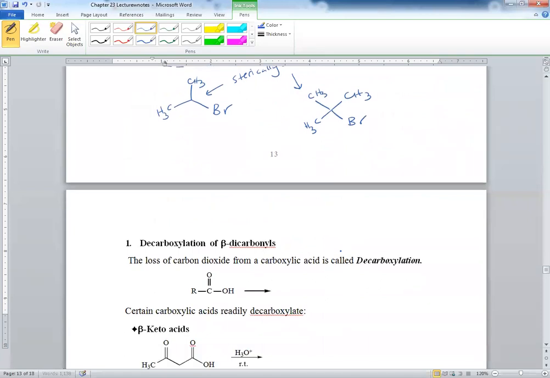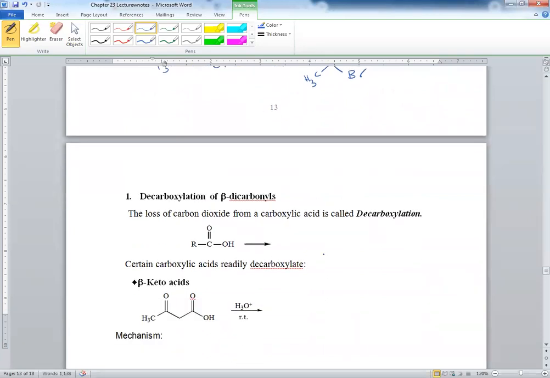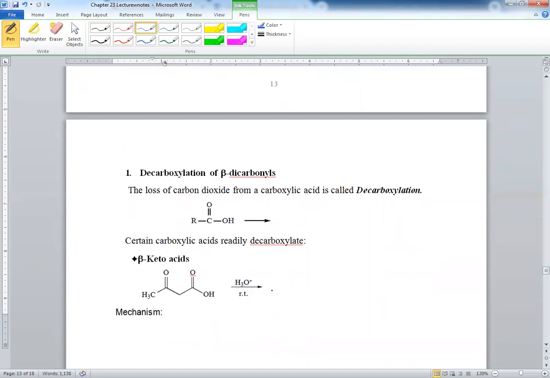Now we need to talk about an important reaction that you will see in biochem, especially in the formation of histamine for allergic reactions. It undergoes a mechanism called decarboxylation. It's actually a very simple mechanism.